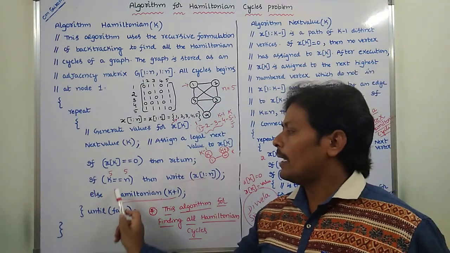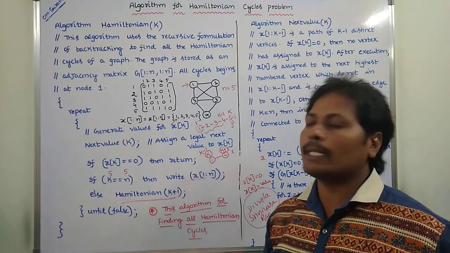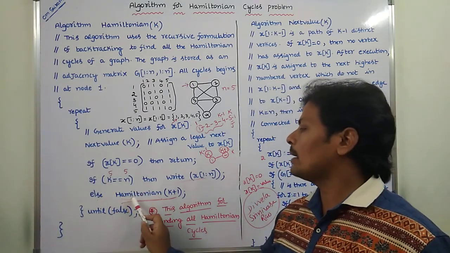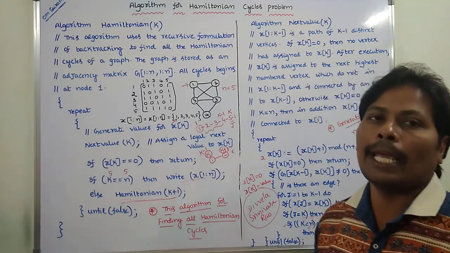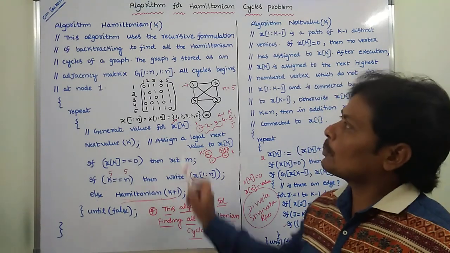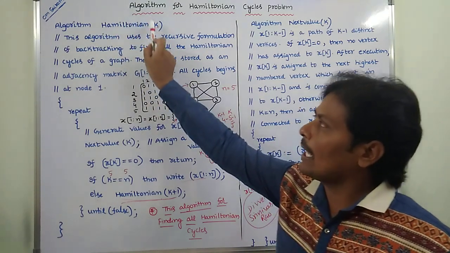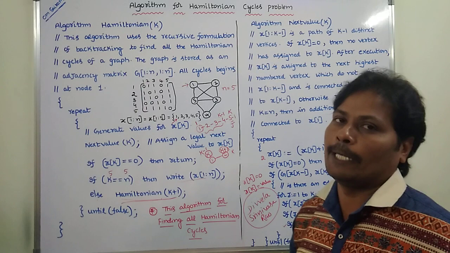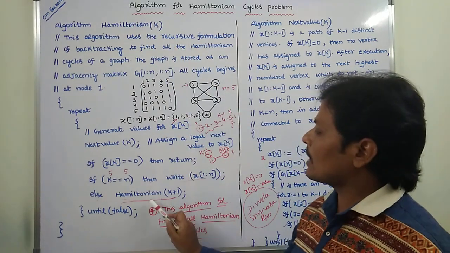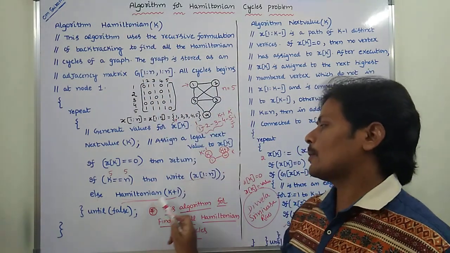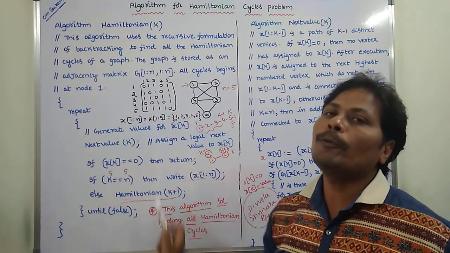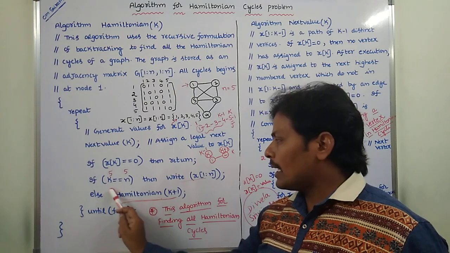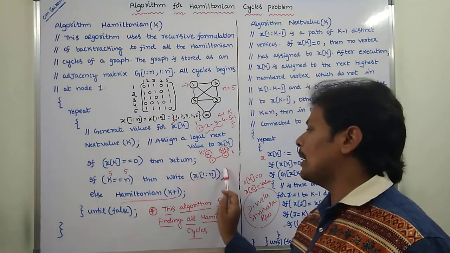Okay, else if k is equal to n is false, then go to the else part, Hamiltonian of k plus 1. Again this function is called here with k equal to k plus 1. The same function can be called again, so this is a recursive algorithm. If the condition is true, then write the solution vector.